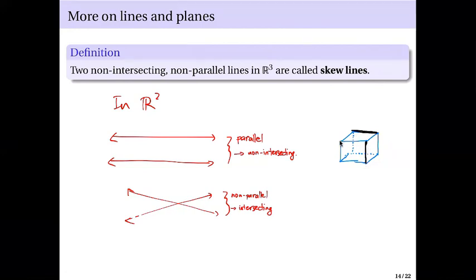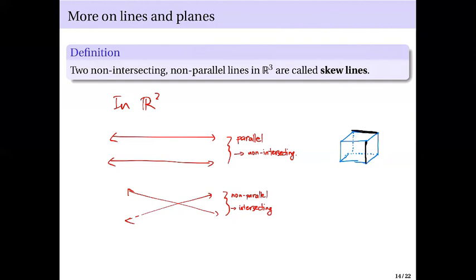This one here is parallel to this. They will not intersect, but they are parallel. This one is also parallel with this. They will not intersect, and they are parallel. Now, this one is parallel to this edge, and also parallel to this edge and this edge. They are parallel, they will not intersect.